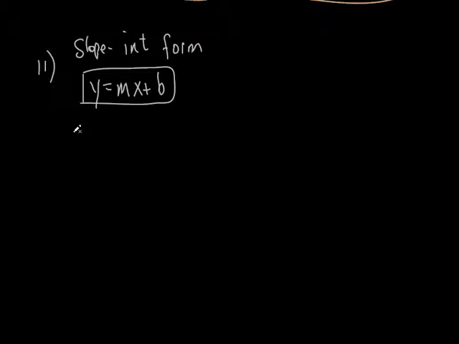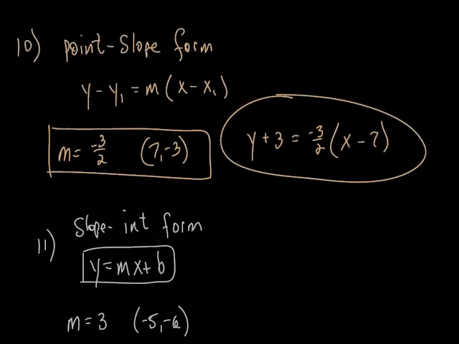They give us a slope and they give us a point, just like they did on the other one. So this time they say the slope is 3 and the point is -5, -6. Now, if you wanted to, since they give you a point and a slope, you could put it into the point-slope form, but then what would you have to do after you put it in this form?